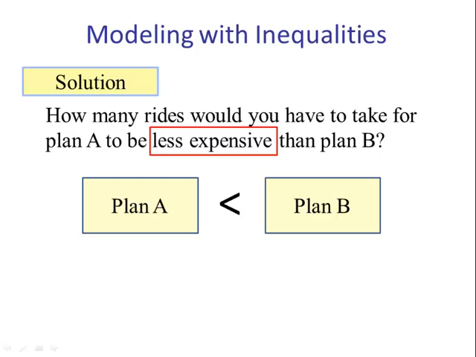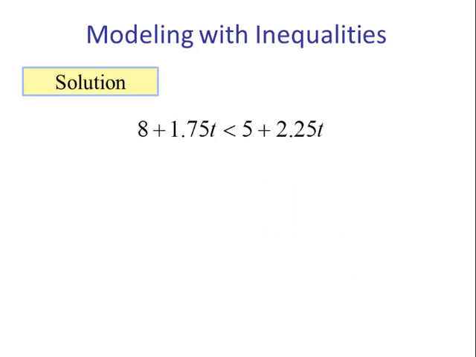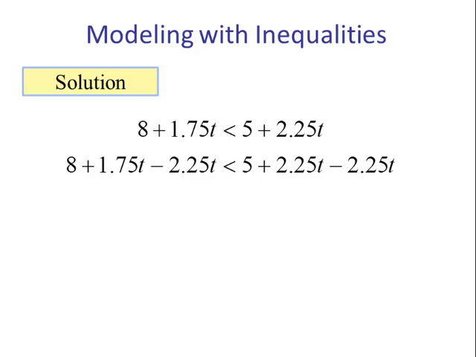Substituting our expressions in for Plan A and Plan B, we have the following inequality: 8 plus 1.75 T is less than 5 plus 2.25 T. Solving this inequality, we subtract 2.25 T from both sides. That leaves us with 8 minus 0.5 T, which is less than 5.